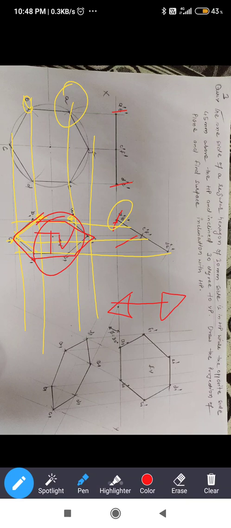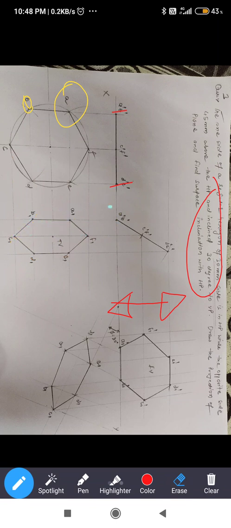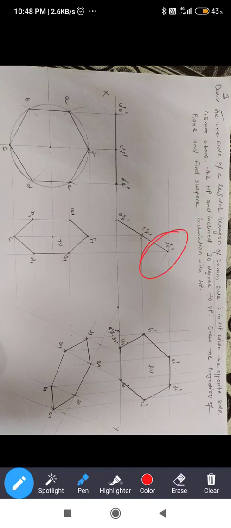So next, the question is given that the side is inclined 30 degrees to the VP, and the opposite side is 45 mm above the HP. The angle with the VP is phi, which is shown at HP.